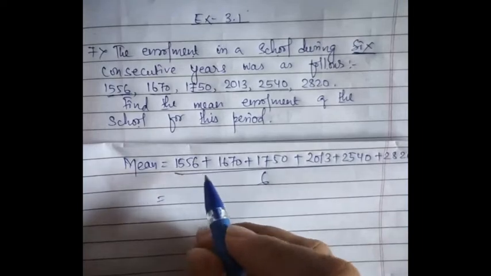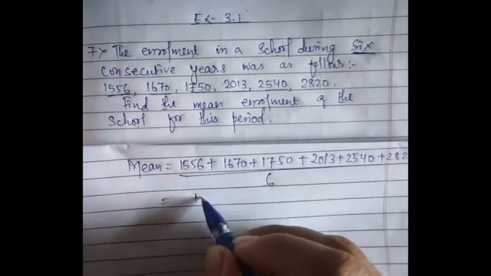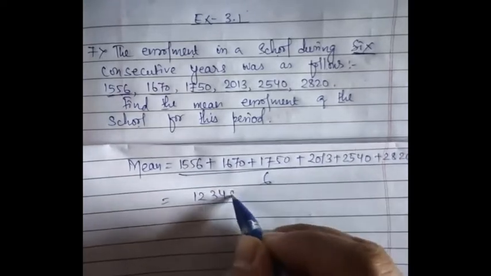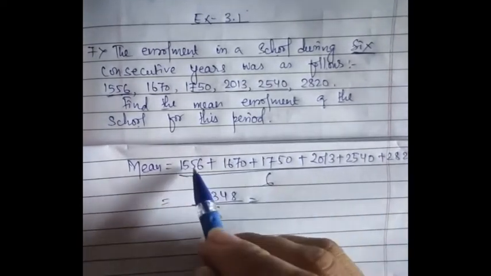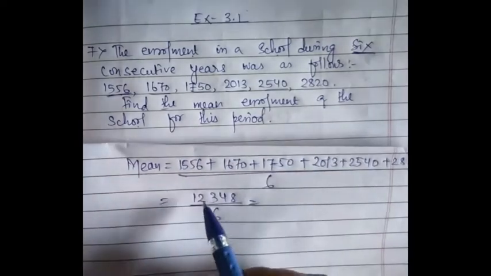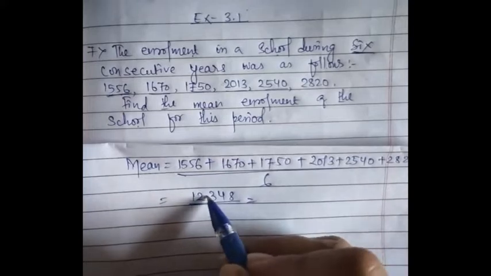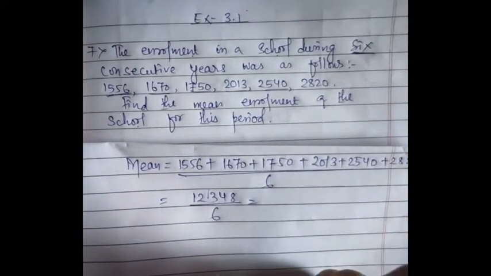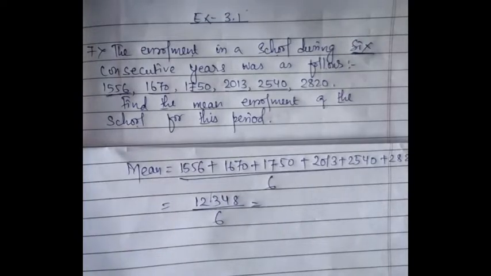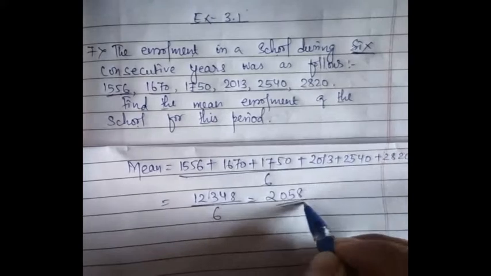When you add this, you are going to get 12,348 divided by 6. Okay, sorry, I made a little mistake here. 12,348 divided by 6 is 2058.